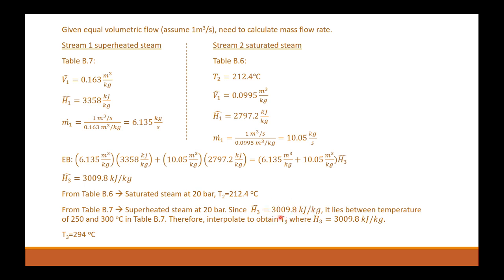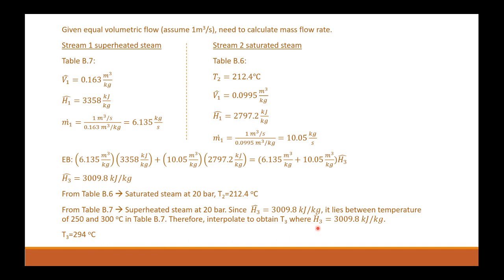Find the point where this value could belong, and you will notice that it lies between the temperature of 250 to 300 degrees Celsius. So we can obtain T3 by interpolating it.